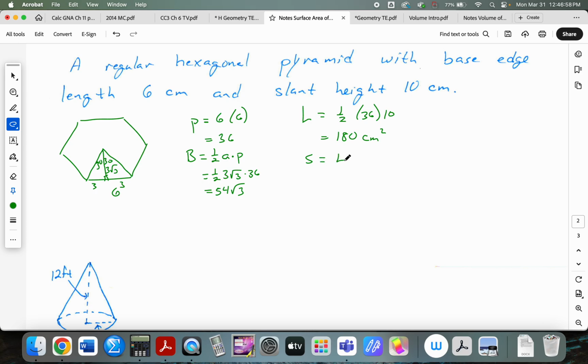The surface area is the lateral area plus, we only have one base, so it's 180 plus 54 square roots of 3. I cannot combine unlike terms when I'm adding, so it's just that, square centimeters.